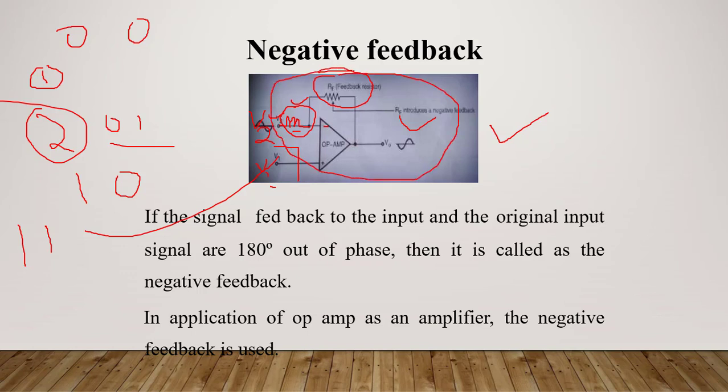In the closed loop negative feedback, it is not necessary to change this resistance. This is called RF, this is R1, always connected to negative only. This circuit remains the same, only change V1 and V2 according to 0 0, 0 1, 1 0, 1 1. You get the same equation as you got in the open loop gain.